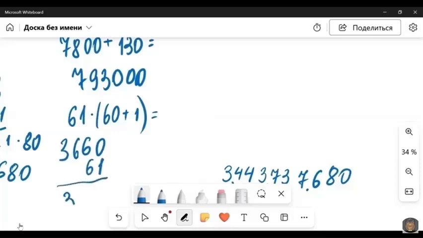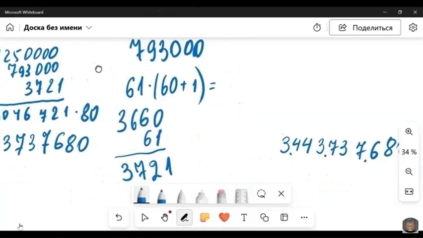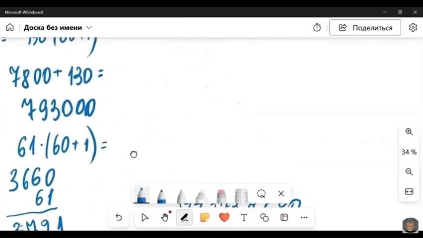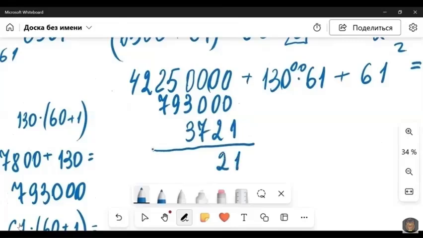Here 60 to the power of 2 is 3600, and 61 to the power of 2 is 3721. And we add it to our result. Well, there is nothing to do here. We just need to carefully add all the terms one by one. So this is the number we get.